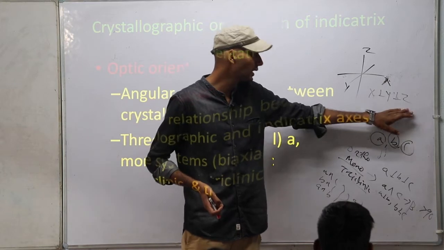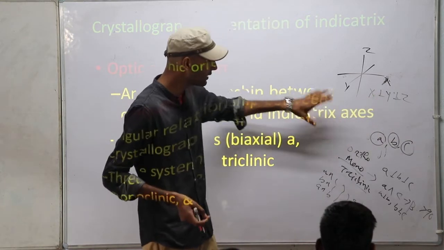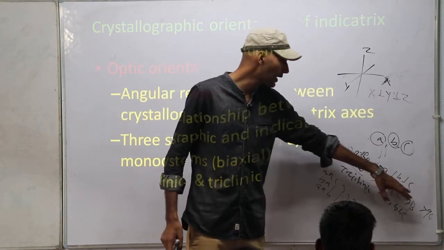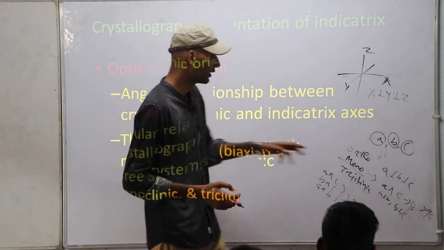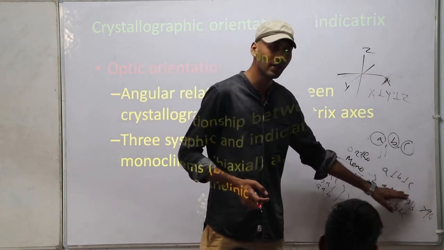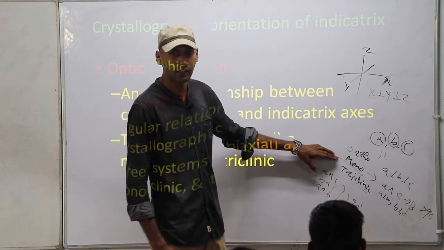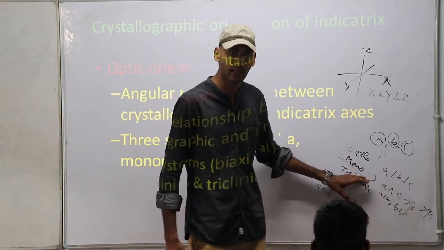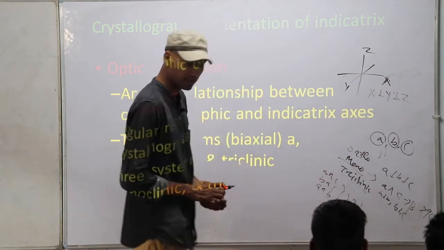If one of the indicatrix axes coincides with a crystallographic axis of the orthorhombic system, the other two will also coincide. Why? Because all are mutually perpendicular. But in case of monoclinic, if one coincides, the other two may or may not coincide. In triclinic, none of them will coincide, right? So we'll see that.